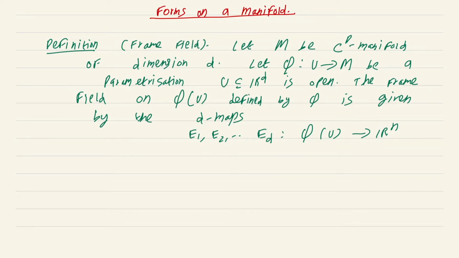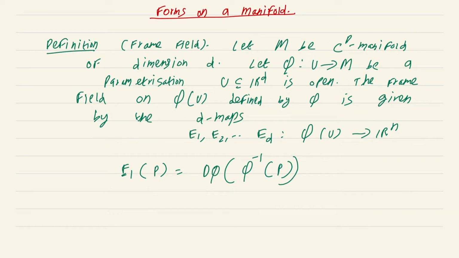Well, E_i at a point p is given as follows: you first go back to U via phi inverse. So you take phi inverse of p, and then you differentiate phi at this point, phi inverse of p.